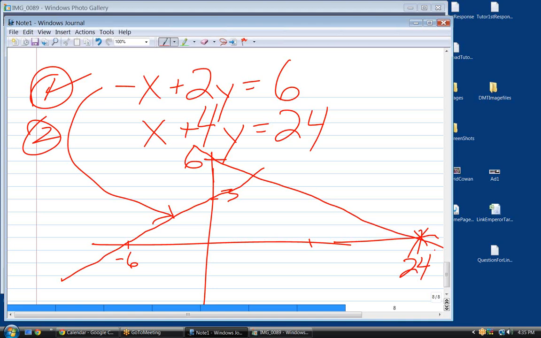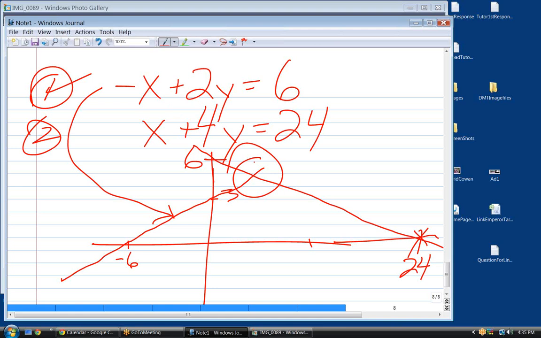Where do you think the solution comes? Right there. If I have two linear equations and I want the solution graphically, it's where they cross. Whatever the x and y coordinate are at that point is the solution to these two equations. And I can do it graphically.